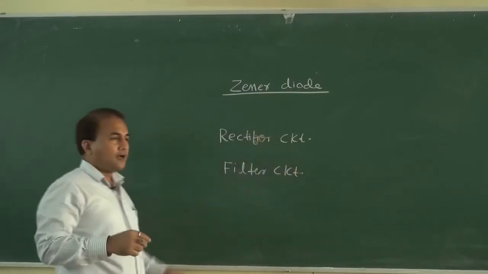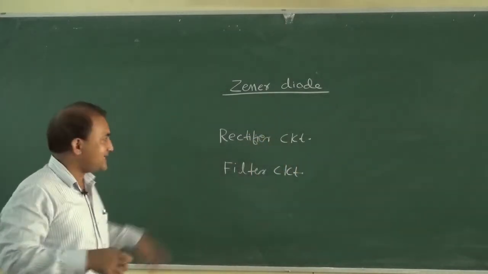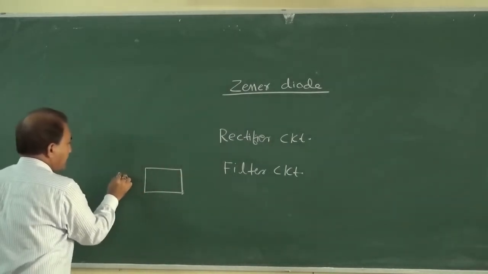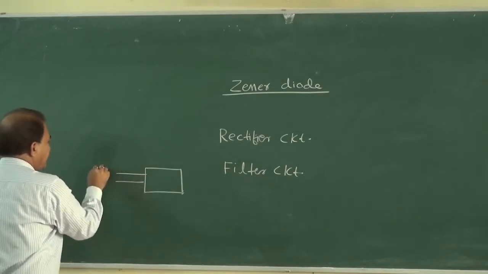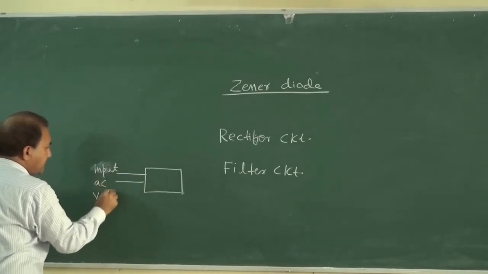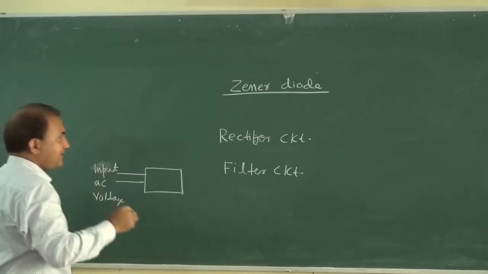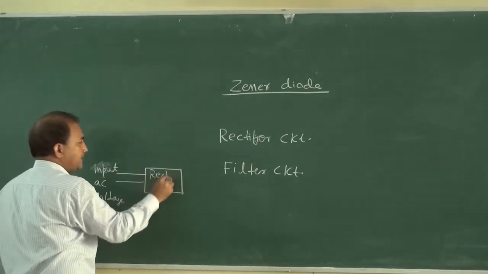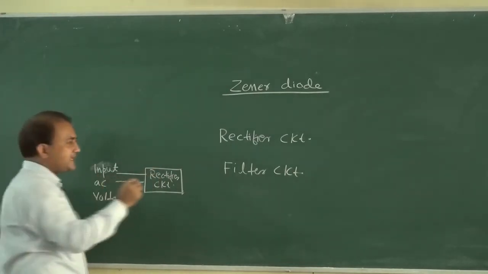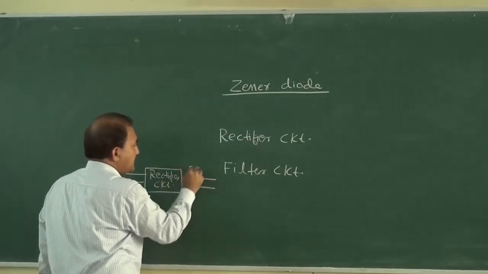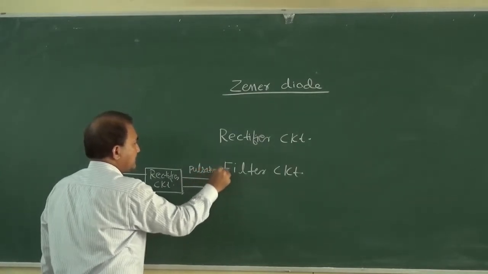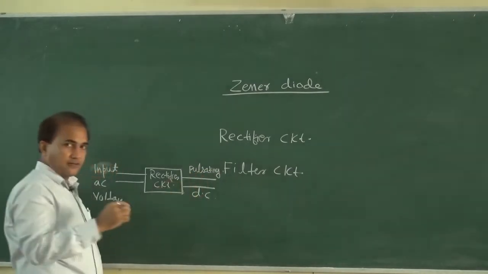Now in previous class you had seen, suppose an input AC voltage is given to a rectifier circuit, then the output of this rectifier circuit is pulsating DC in nature.